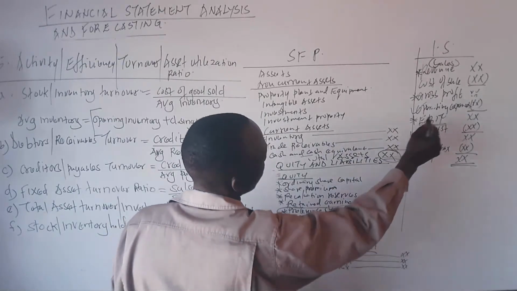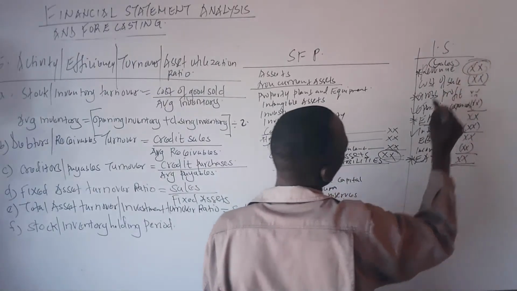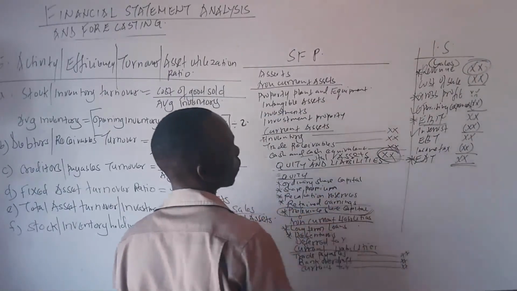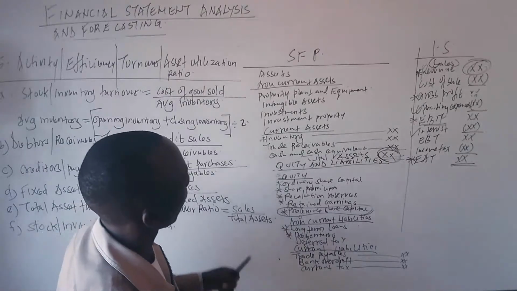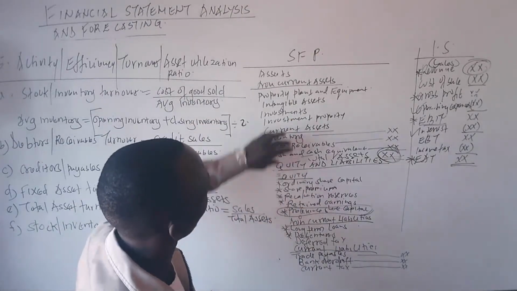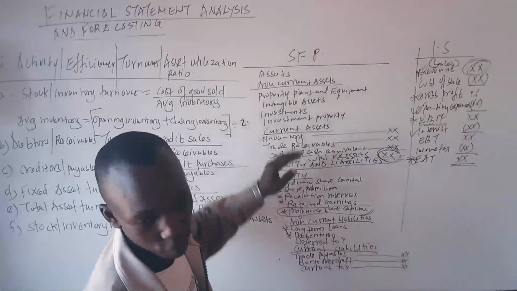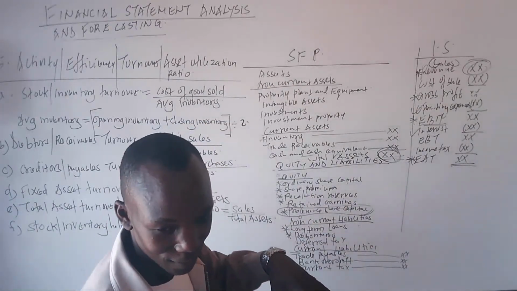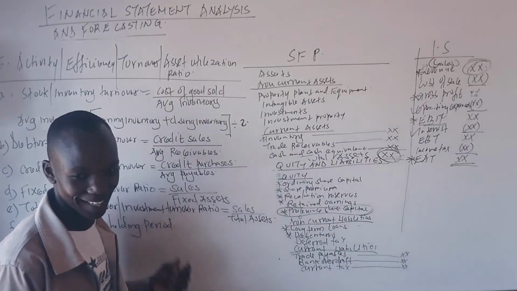It will be the revenue, then you divide by the total assets. Forget about the word investment; when I talk about investment here, I am referring to financial assets, not the same as this investment.